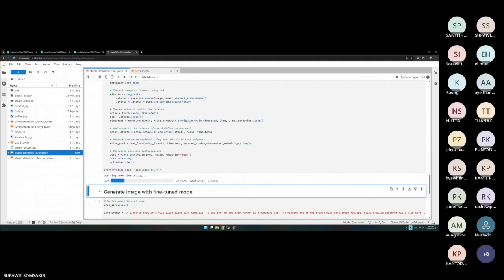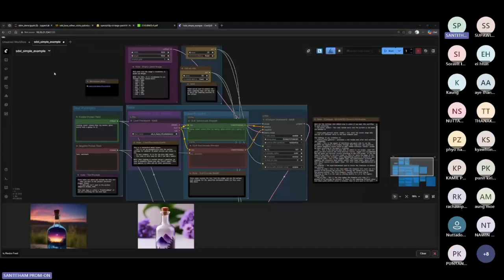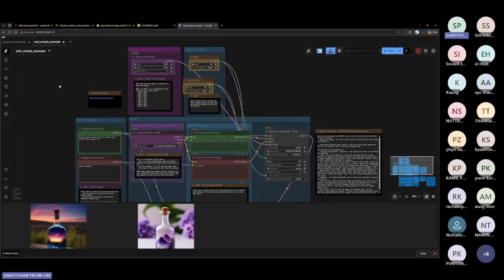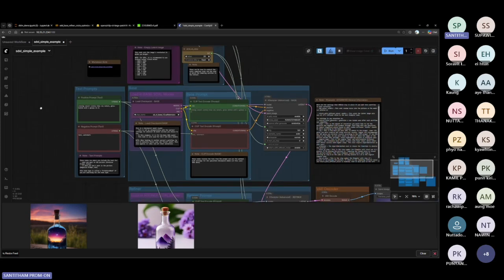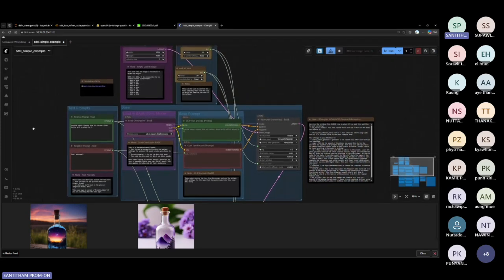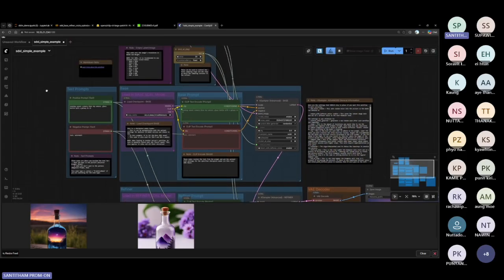Let me quickly show you this. Okay. This is Comfy UI. Using the SDXL base 1.0, I don't know if you can call this simpler than the SDXL that I showed you in the code, but it contains pretty much the same thing.